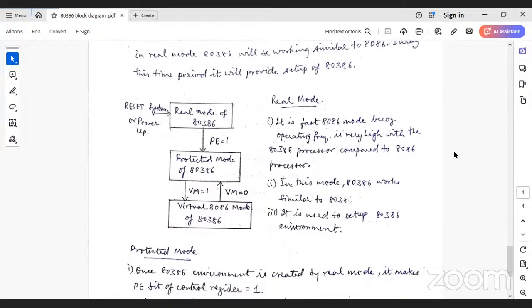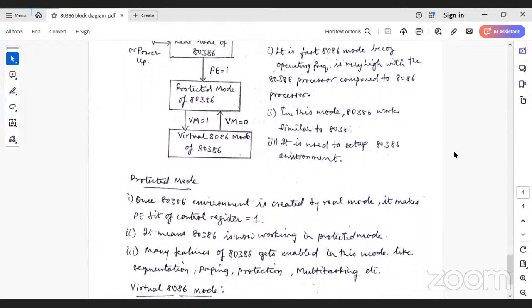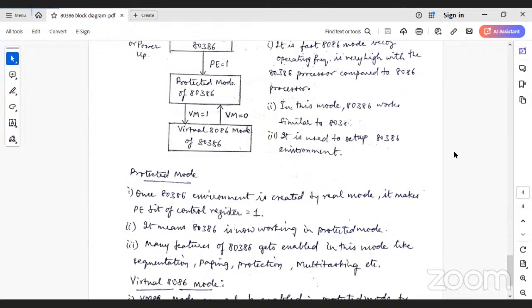Now, in the protection mode, what we said just now, once the environment is created by the real mode, it will not directly come to 386. It has to come through the real mode only. And the PE bit has to become equal to 1 in the control register. So from the real mode, when the environment is set up, it will work in the full 386 mode.